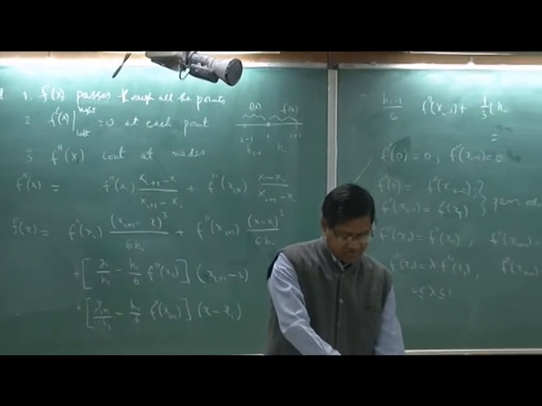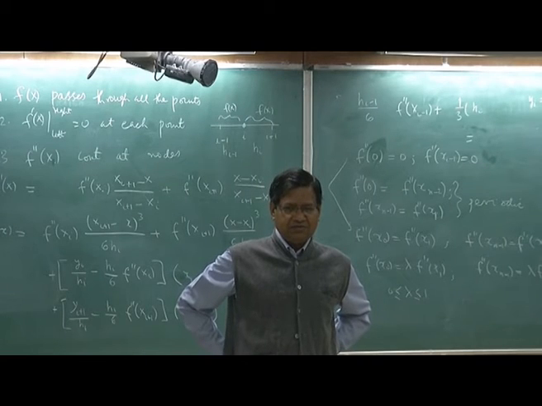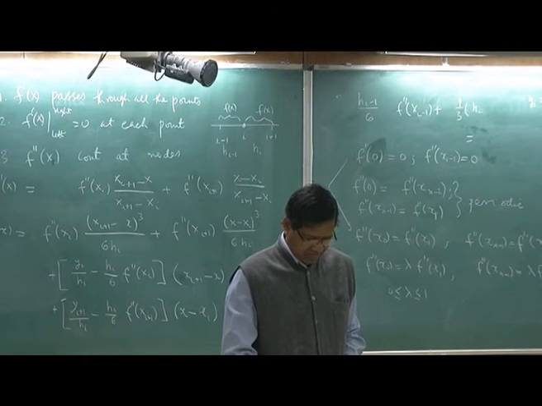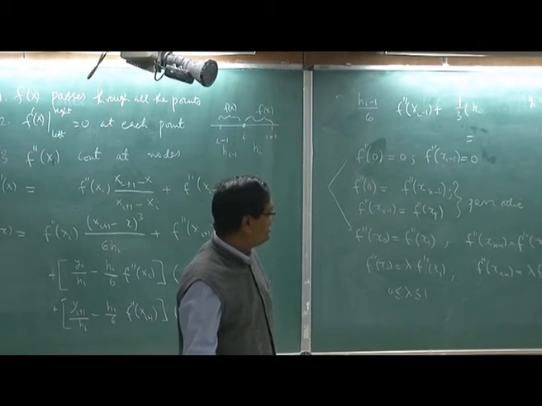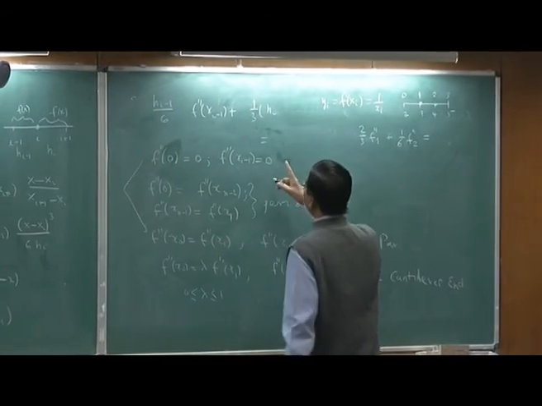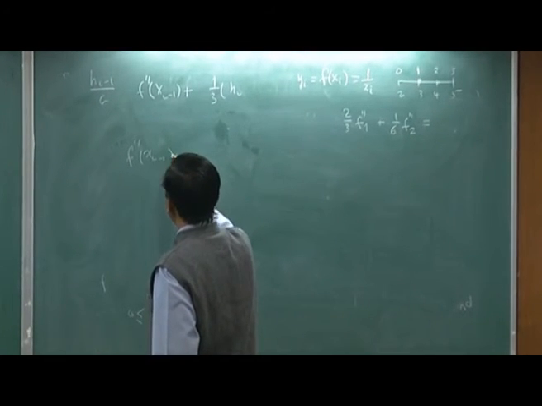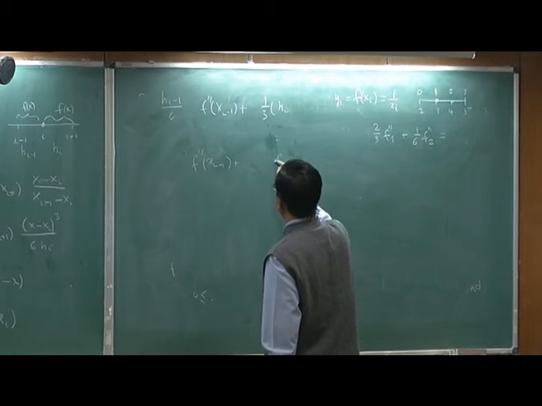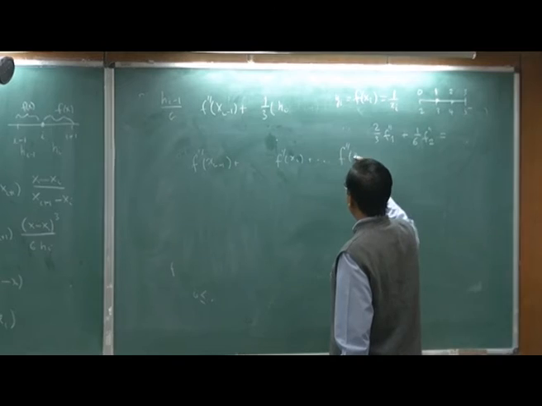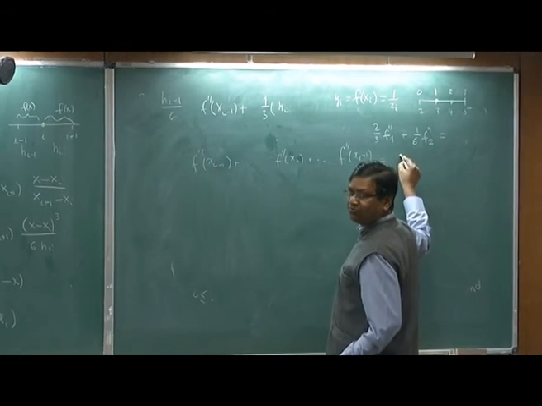Now let's use Python's spline function. But before going to this Python spline, I have 10 minutes, so I just want to make a remark. Let's relook at this part. It had f double prime x_(i-1) plus f double prime x_i equal to the right hand side, which was given to you.